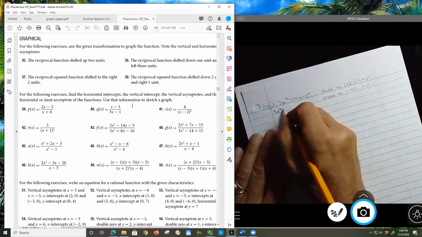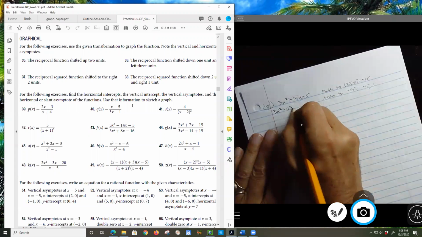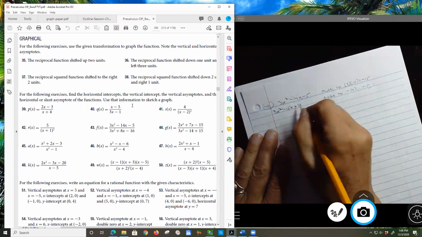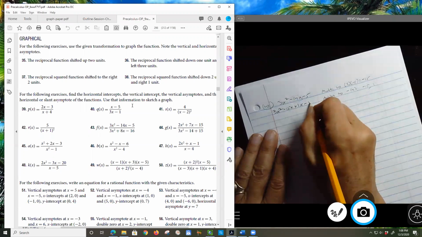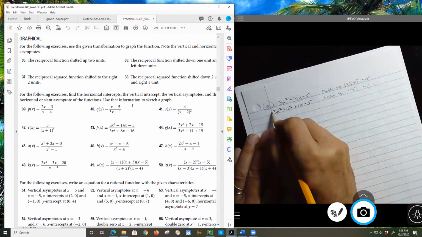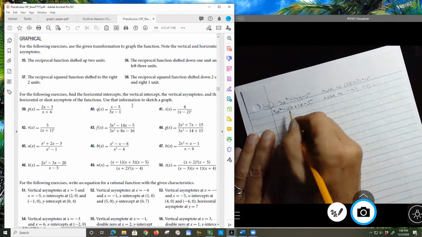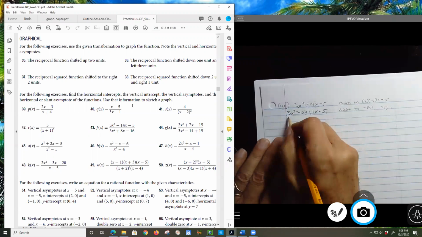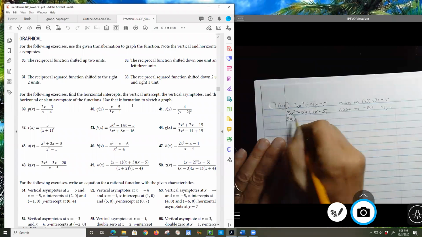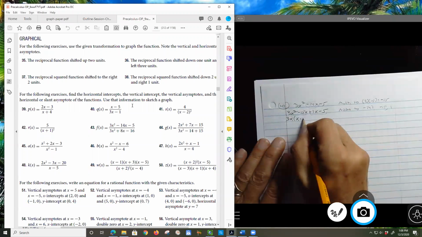So I can do a minus 15x plus a positive 1x minus 5. Then we factor by parts. What's the most I can factor out of those first two? I believe a 3x. So this would be an x minus 5.